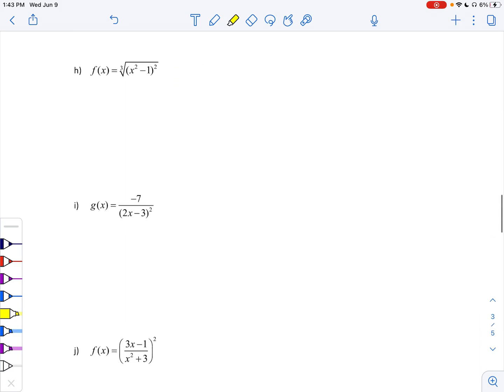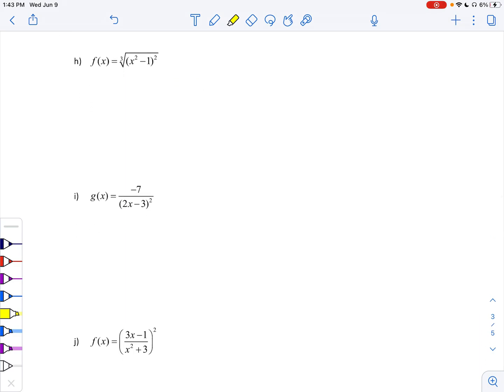All right. Next one, we have this cube root. So the cube root of x squared minus 1 quantity squared. All right, so for this, we want to start by rewriting this function. So remember, a cube root is the same as a 1/3 power. And since there's also a square under here, this would become x squared minus 1 to the power of 2/3.